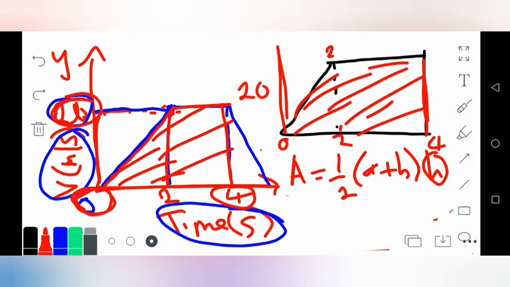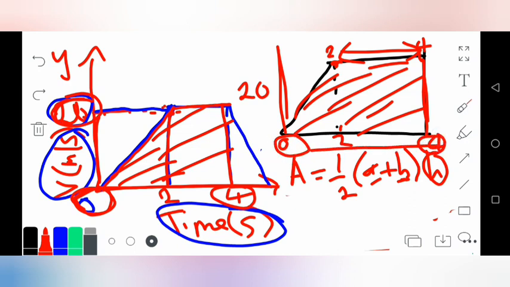The a is the distance between this point and that point, the difference between 2 and 4. And then the b is the base, all the way from 0 up to 4.